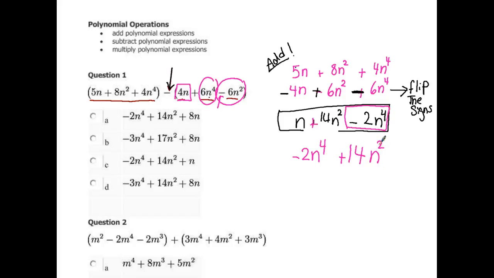Again, we're arranging based on the powers, and then plus the n. Okay, so let's look which answer matches. 14n squared, so it'll be C.